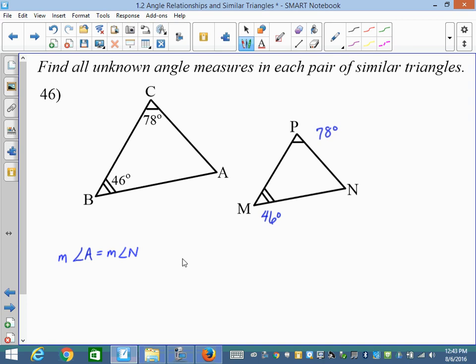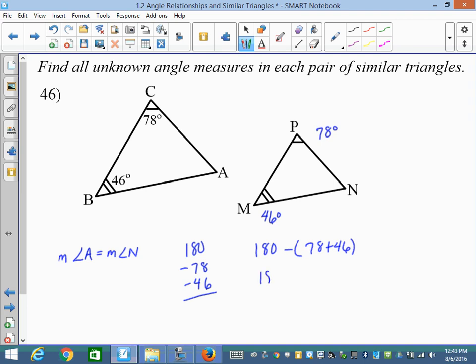So we do our math, remember? 3 angles in a triangle must add up to 180. So we have 180 minus the 78 minus the 46. Now we don't normally do math like this, so it's really 180 minus the sum of the two, 78 plus 46.